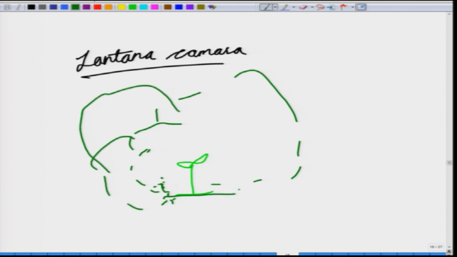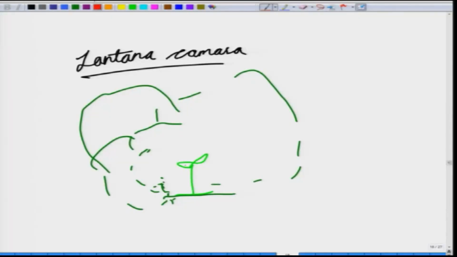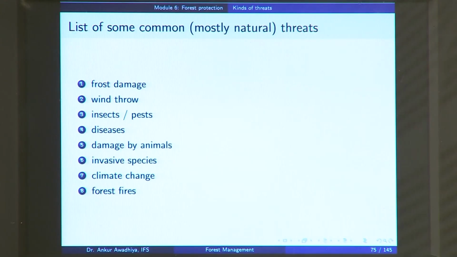Now, when you have this bush, the sunlight is unable to enter to the forest floor, and so the mango sapling is unable to get sunlight and it will die off. Similarly, it is known that these plants of Lantana camara also secrete certain chemicals that are able to stop or halt the growth of the surrounding plants.